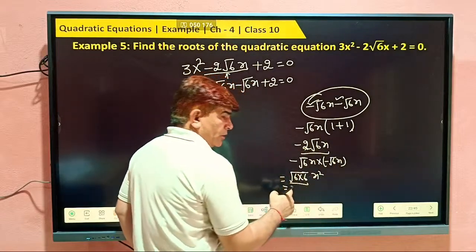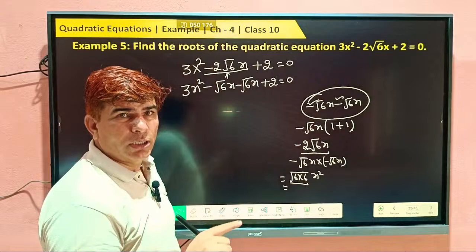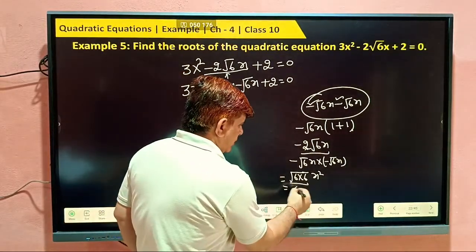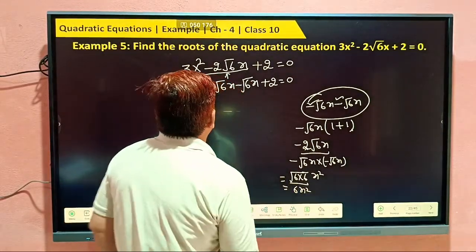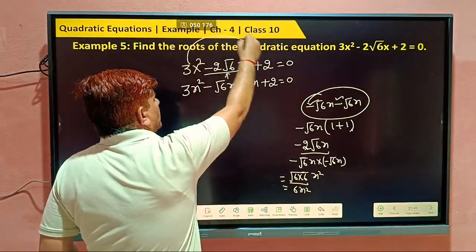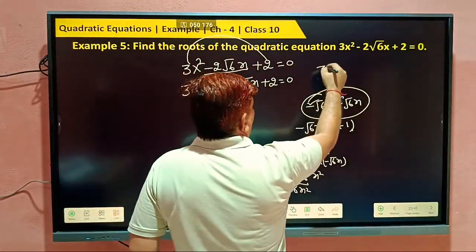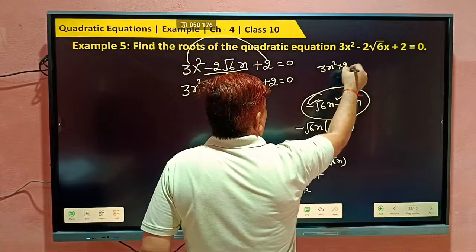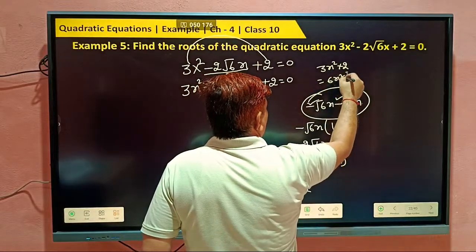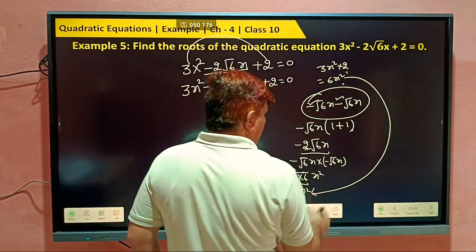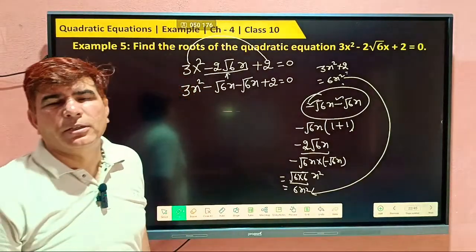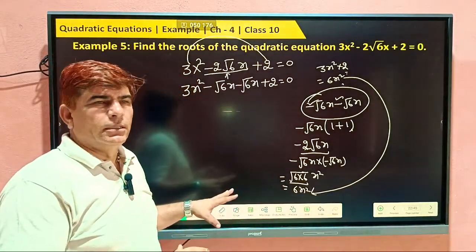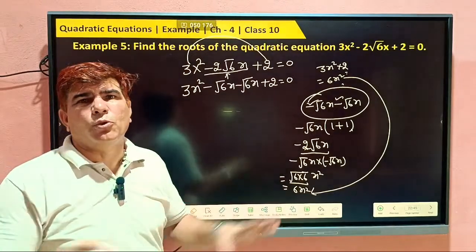In this type of situation, one pair comes outside. So what's coming outside? 6 x square. And what's their multiplication? 3x square into 2. So how much? 6 x square. This and this are both equal. It means both steps are right. If you understand only this, the remaining is no problem.